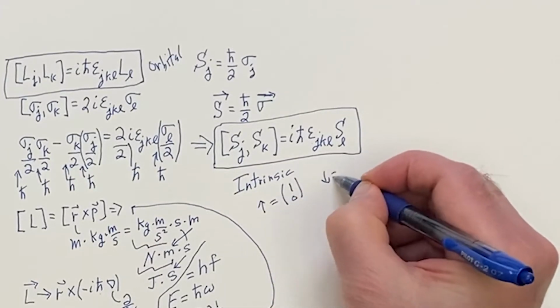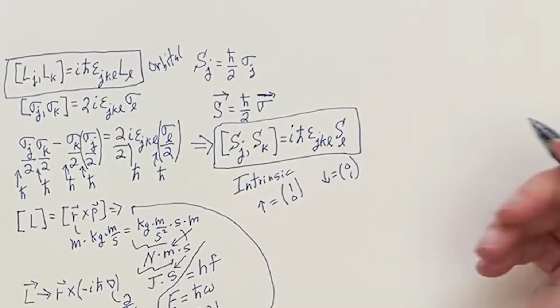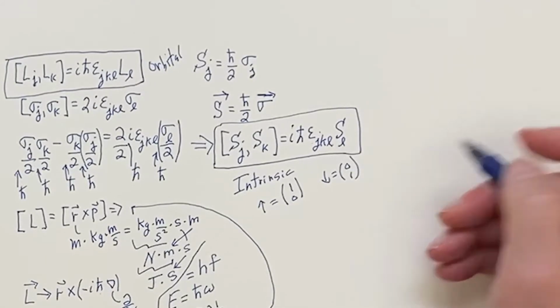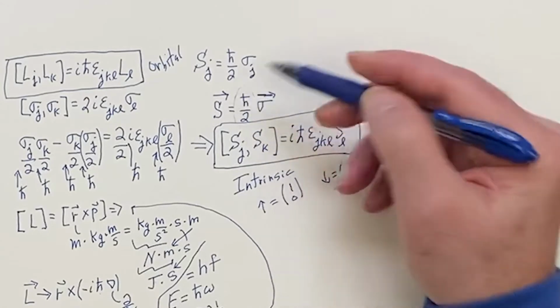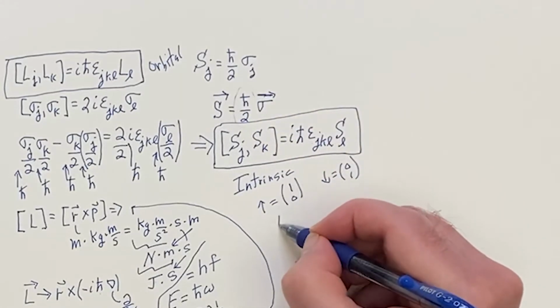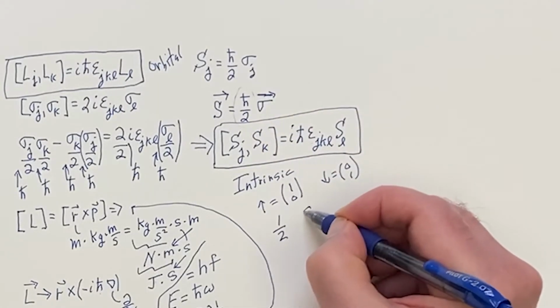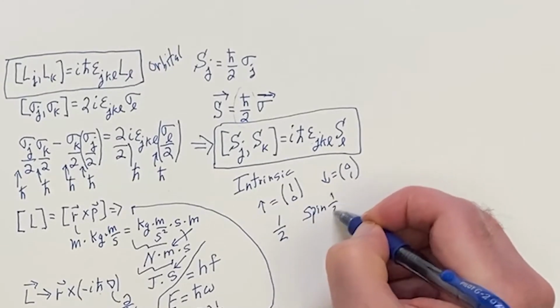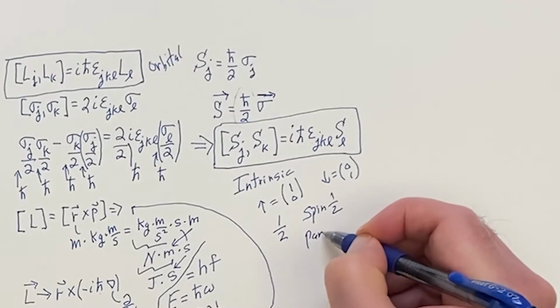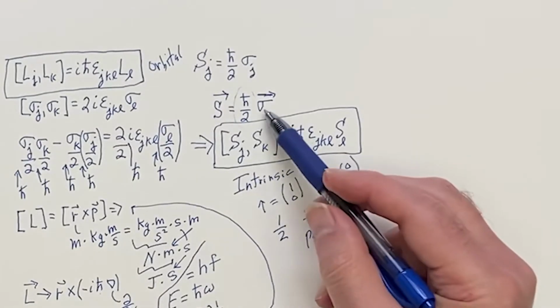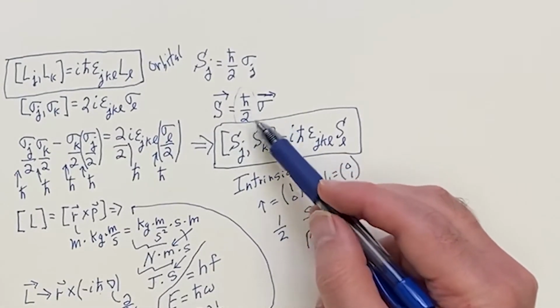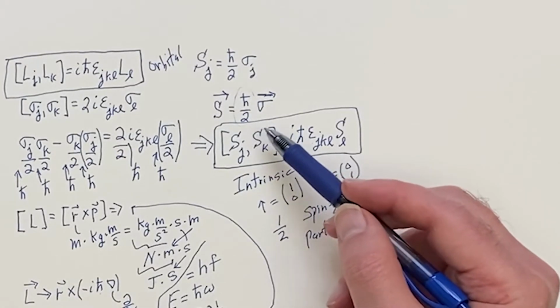And we had spin down like that. So the actual factor in front, h bar over 2, we sometimes refer to as that 1/2, saying that the electron is a spin 1/2 particle, because the half shows up in terms of h bar over 2, for example.